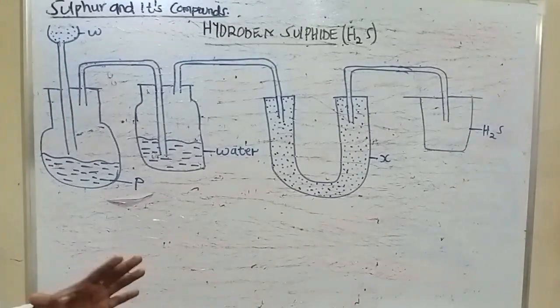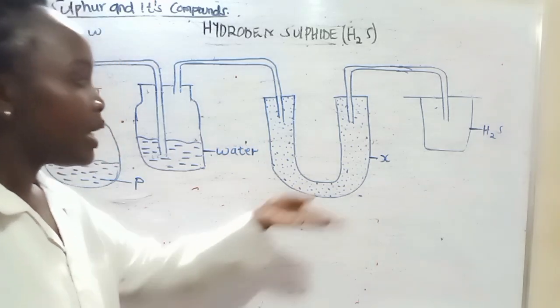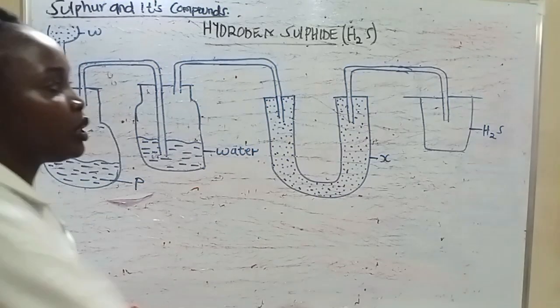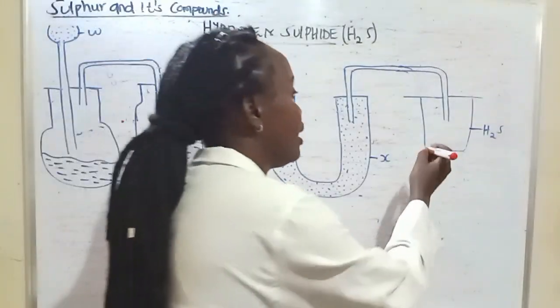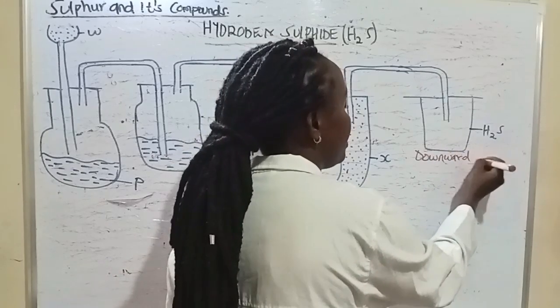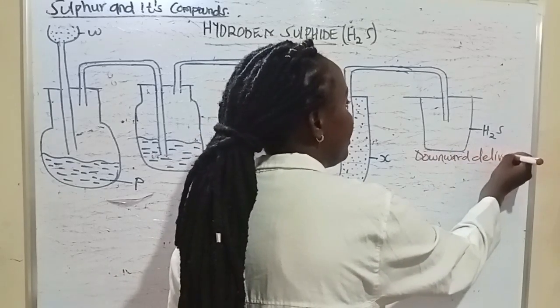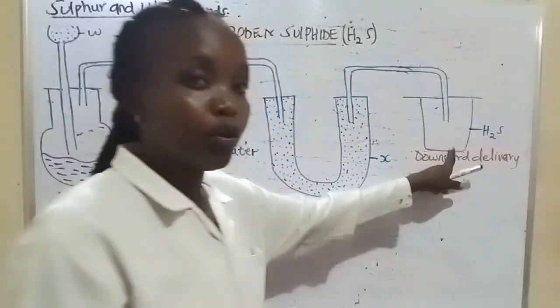Now, what are some of the lab preparation methods of hydrogen sulfide? This method of collecting our gas is what we refer to as downward delivery. It is downward delivery, the method of collection of our gas.